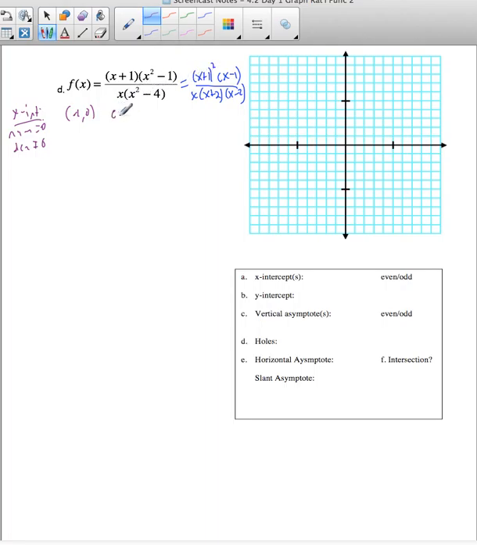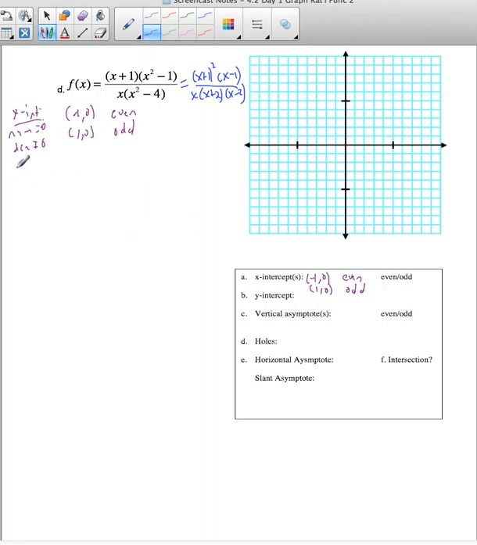That's going to have even multiplicity, and we're going to have an x-intercept at 1, 0 with odd multiplicity. And I'll go ahead and record these in our table. Negative 1, 0, and 1, 0. And this one has even multiplicity, and the x-intercept at 1, 0 has odd multiplicity.